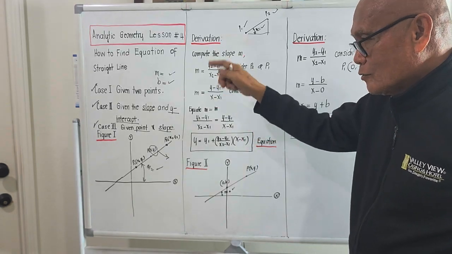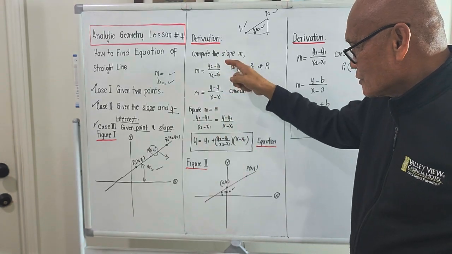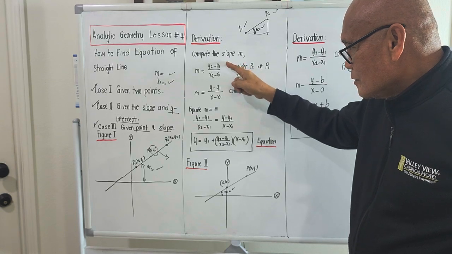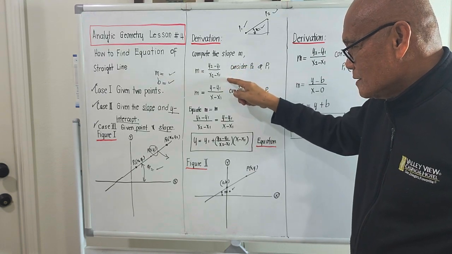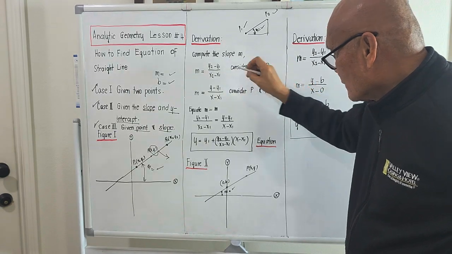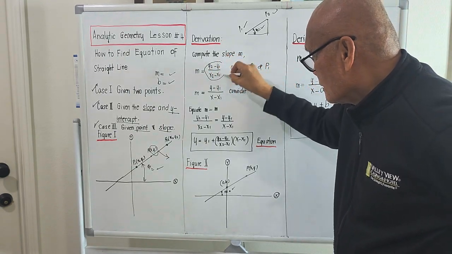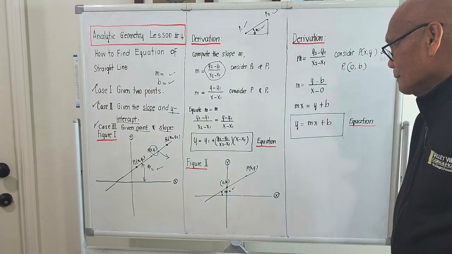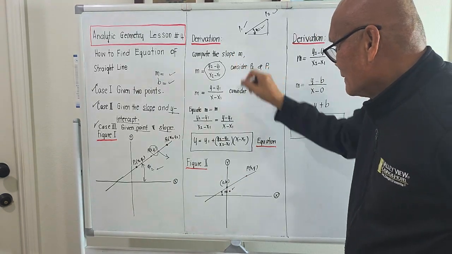The formula on how to compute for the slope is actually the difference in ordinates over the difference in abscissas. So if we are considering points P2 and P1, this will be the formula.